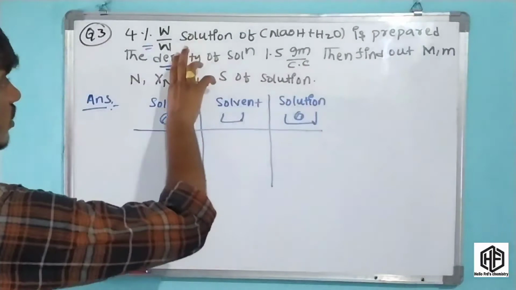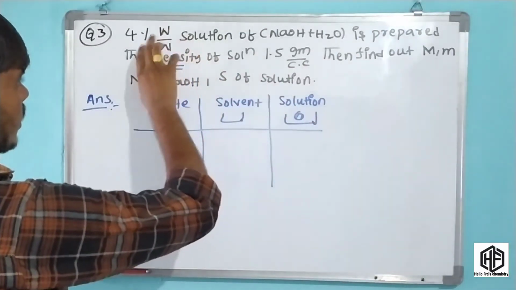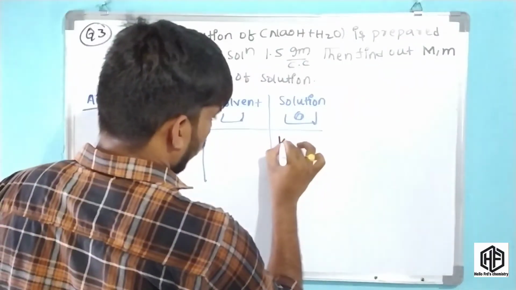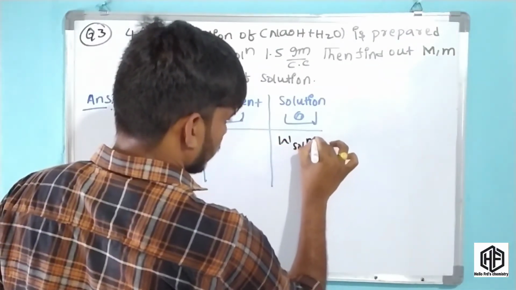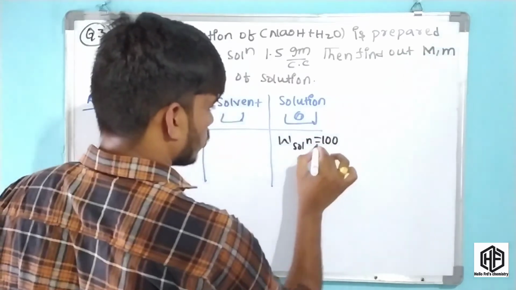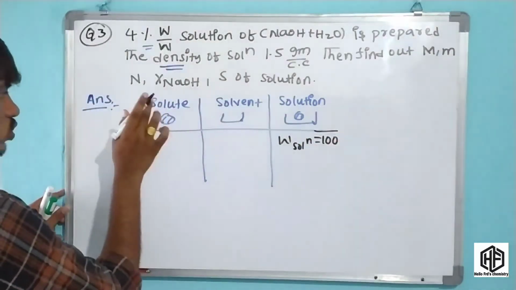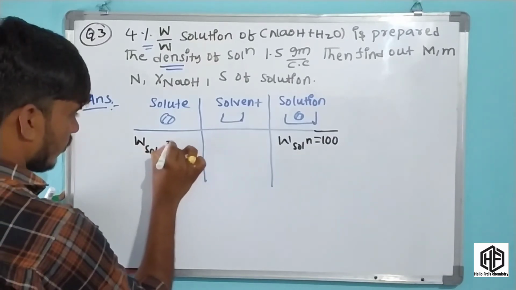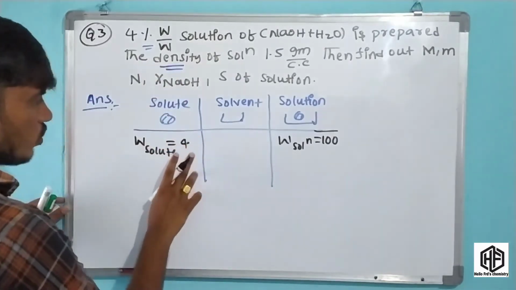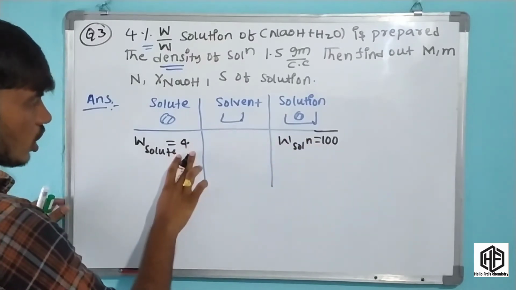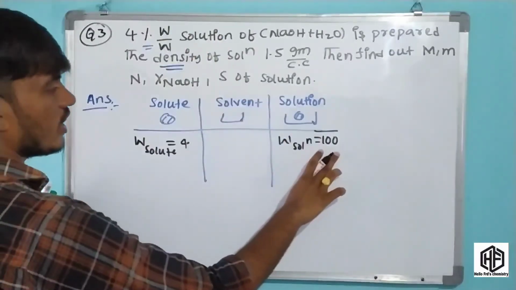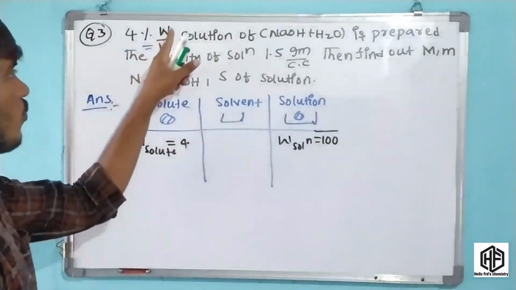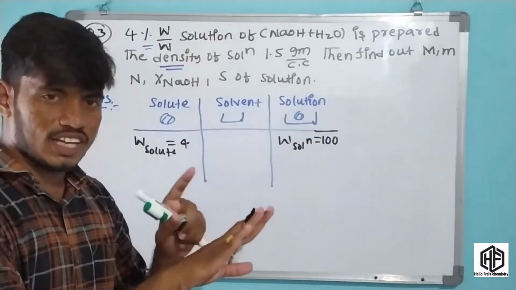Now the weight of solution given in the question is 100 grams. Now the weight of solute given in the question is 4 grams. Okay friends, this 4 grams of solute is present in 100 grams of solution, into 100, that is called a 4% weight by weight solution. This is clear friends? Okay.